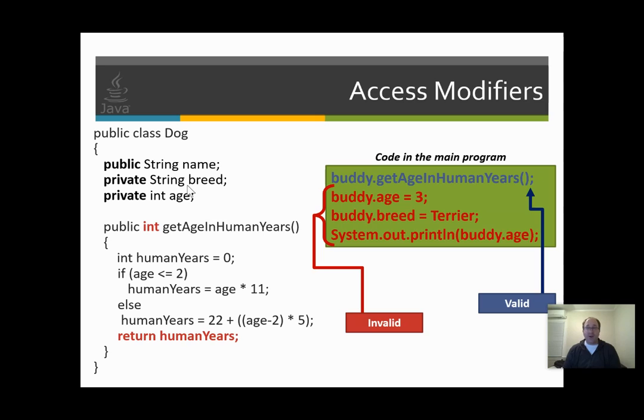We can't make the dog any younger. We can't make the dog any older. So I would want to restrict someone's access to the age variable by declaring it as private. When you really think about it, it makes a lot of sense. Not only is it good form in a program, but it makes a lot of sense even if you think about variables in a real world context.